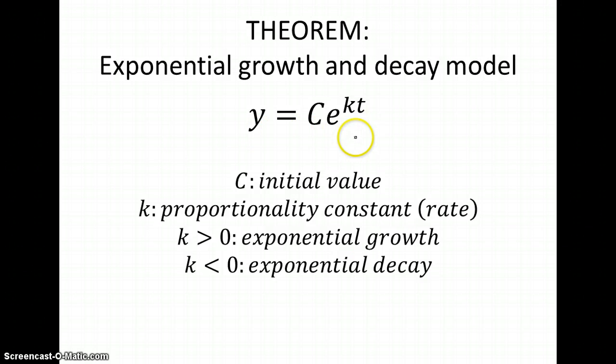So the solution to that differential equation is your exponential growth and decay model. And again, going back to Algebra 2 and pre-calc, when something was changing continuously or being compounded continuously, perhaps your Pert formula should look familiar, where P, in this case, what we now call C, that's our initial value, K is the proportionality constant, and then depending on the value of K, it would represent growth or decay.